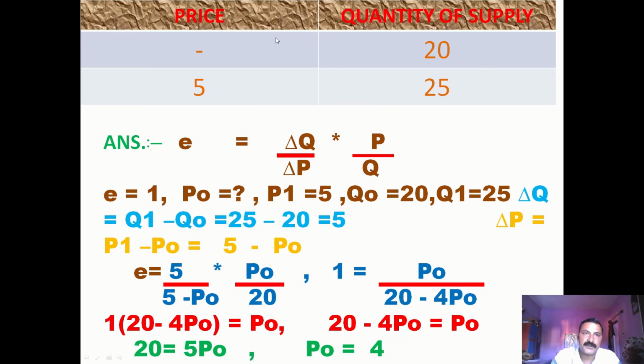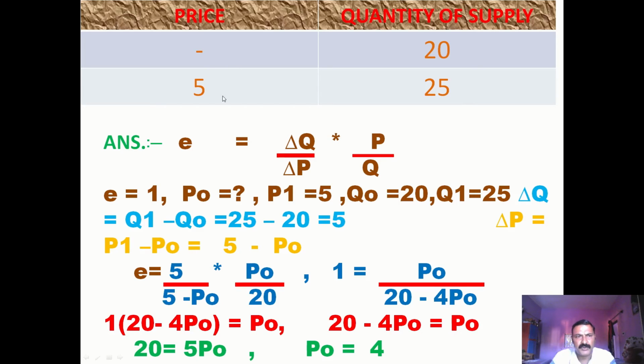Now the next question for you is: the price P0 is not given, and P1 is 5, and the initial quantity supplied Q0 is 20 and Q1 is 25. How will we find the given price here?